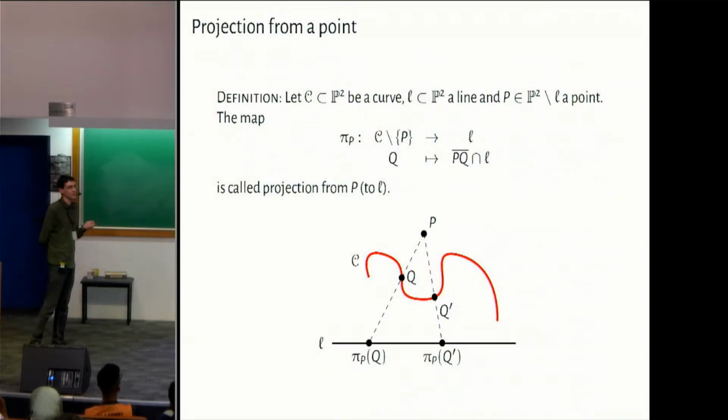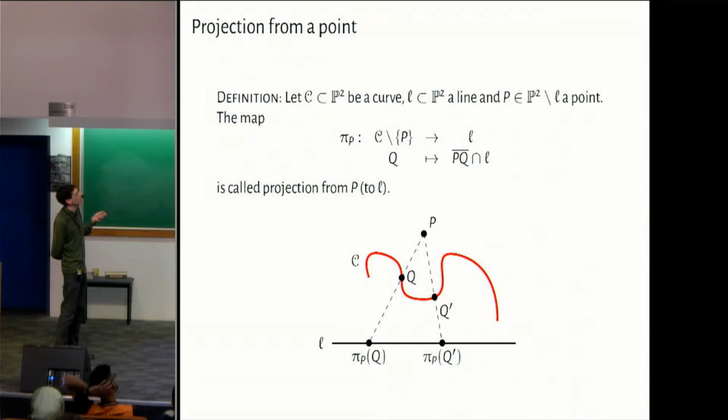The definition is the same Fukasawa just gave, just the picture here is different. We take a point in the projective plane and a line L, with the point not contained in this line.